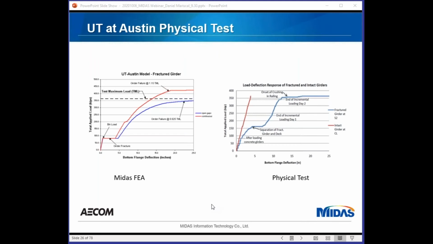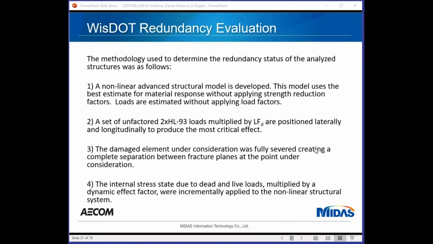It deforms more without accepting more load. And then on the right side, you see the actual results from the physical test, and the capacity was about 350 kips. So we got pretty good correlation between the MIDAS FEA results and the physical test. So with that, we were happy with MIDAS FEA.